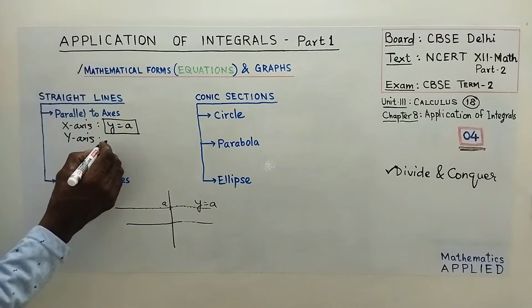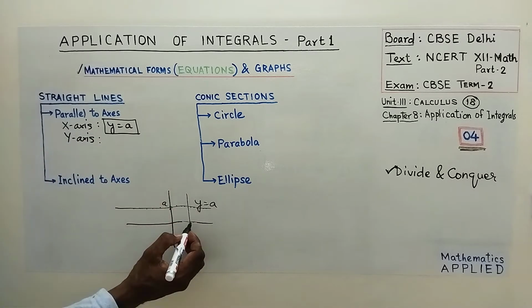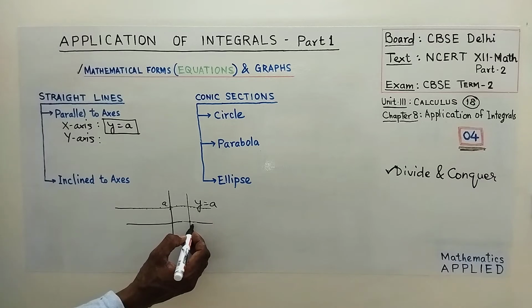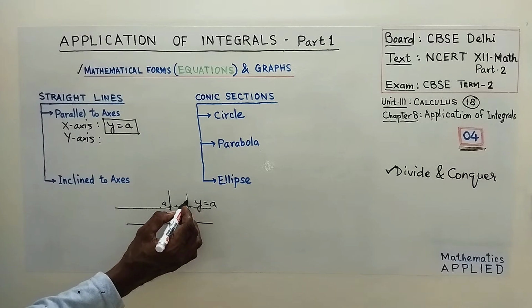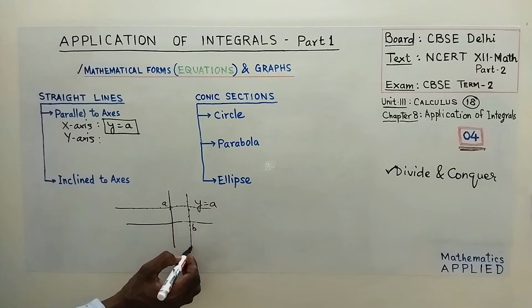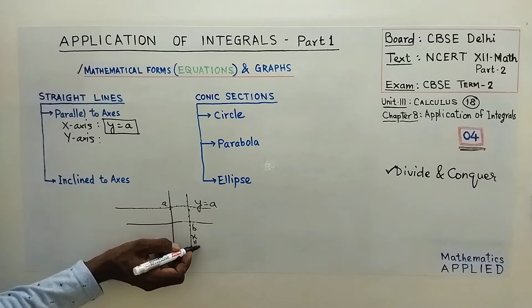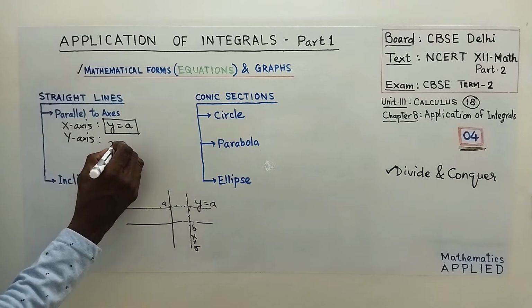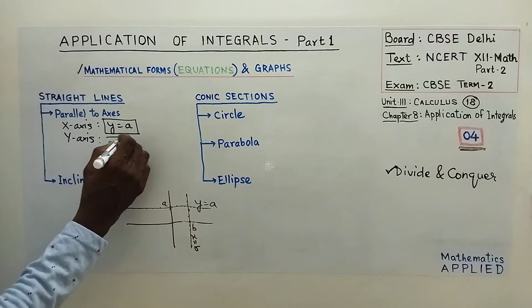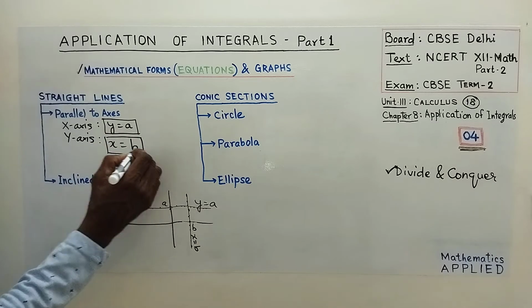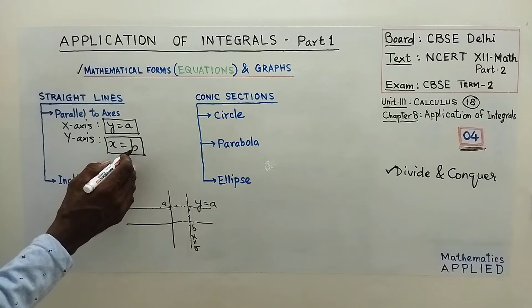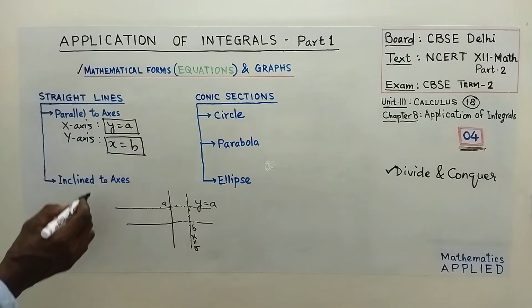Any line which is parallel to y axis, let's say it is cutting the x axis at b. All the points on this line have x coordinate b, so we use that concept: x equals b is the equation for the line. Here b is a constant, while x and y are variables.